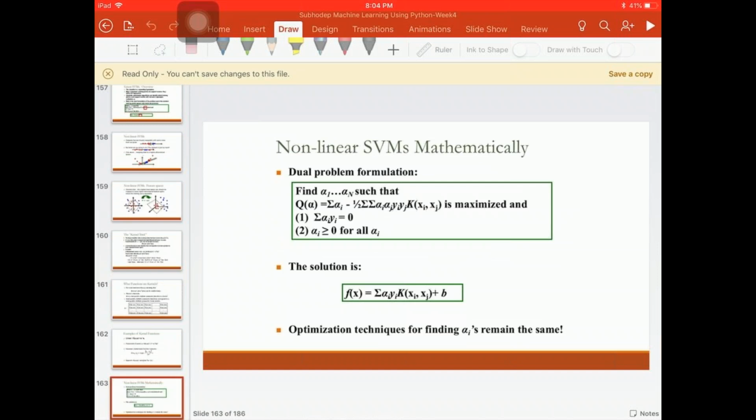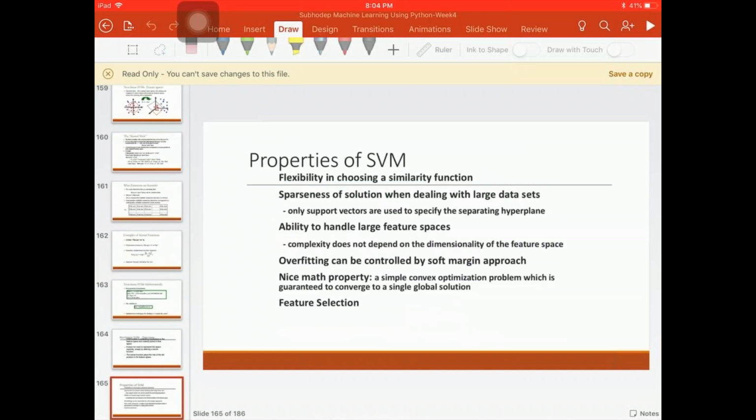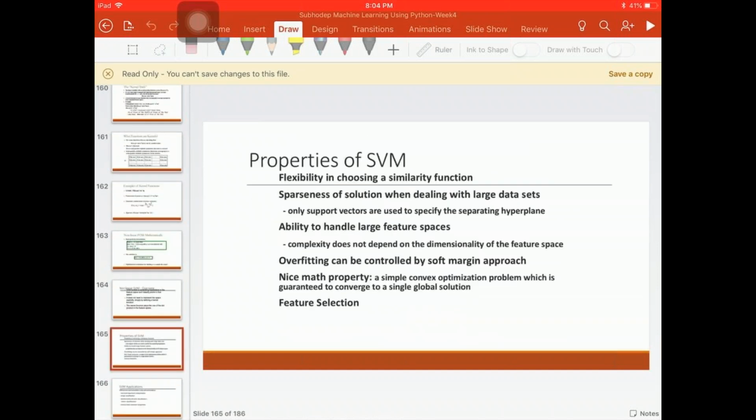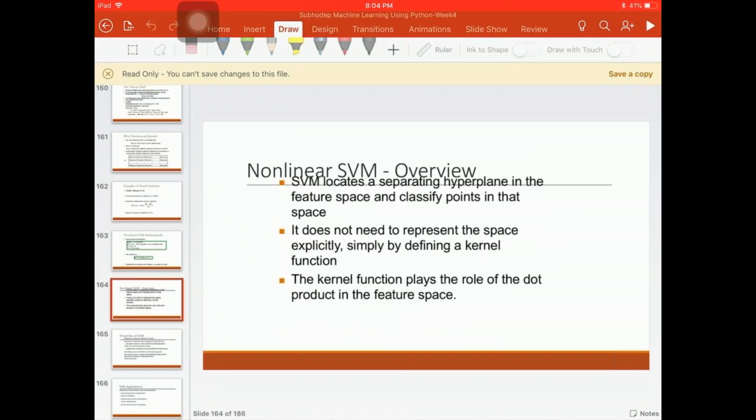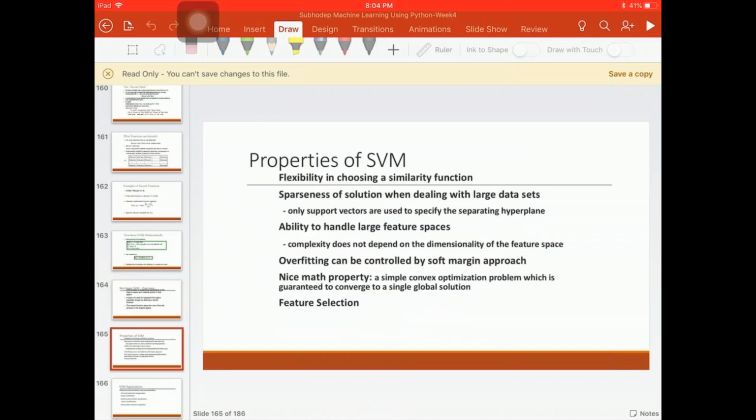Too many things are there, so let's see the properties. If anyone wants to understand the maths, I'm open to it. I can explain, but let's take a quick vote. Do you want to understand the maths, or should we take it later?